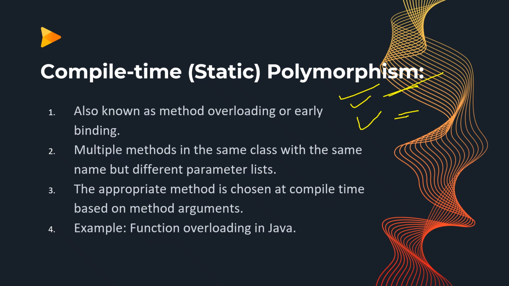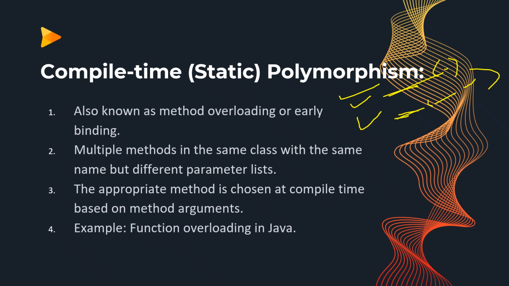The first one is a run method, the second one is also a run method. If we provide a different number of parameters, like in the first one only one parameter, and in the second one two parameters, this is known as polymorphism, and this is known as overloading or method overloading.